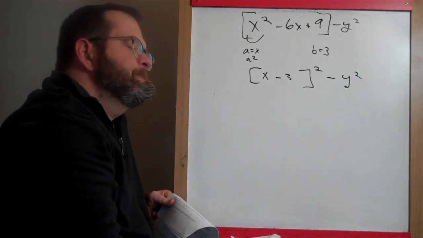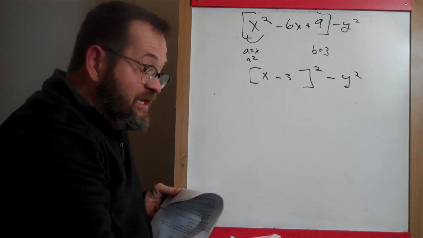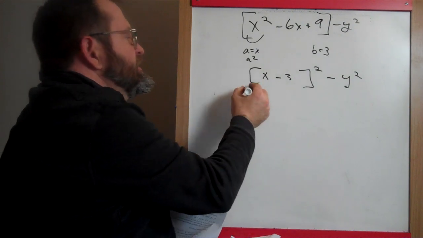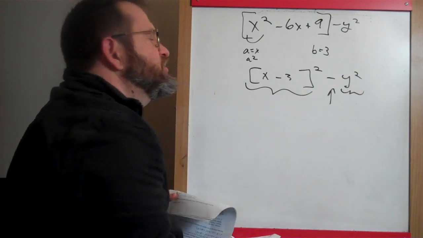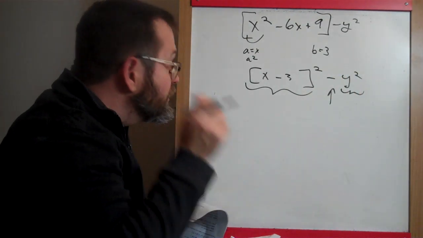All right. If you got that far, I'd be happy and impressed. But then they said, notice, this is a square, this is a difference, and this is a square. So once again, your difference of two squares rule should work.